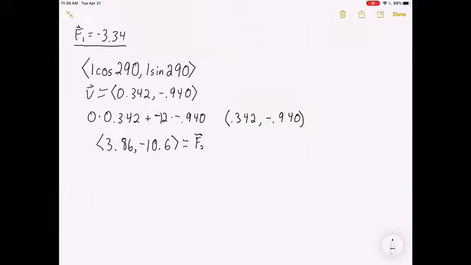Then we have to find the answer, put it into that equation, fx squared plus fy squared all under the square root.